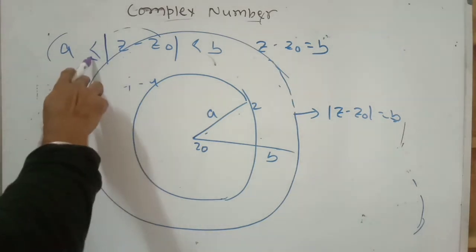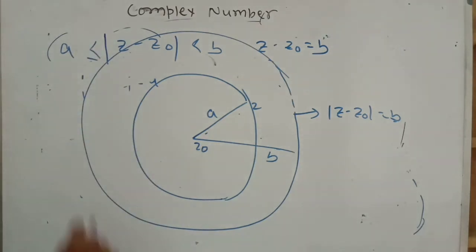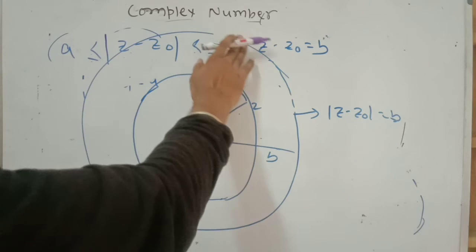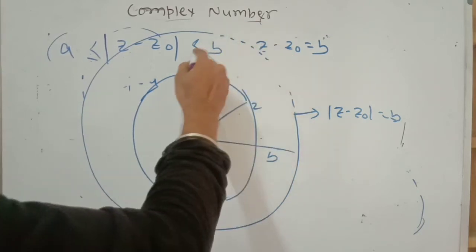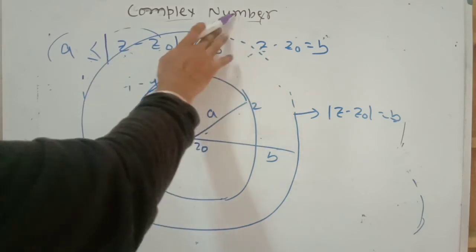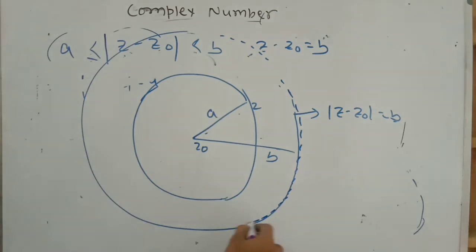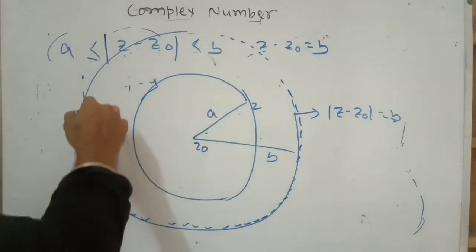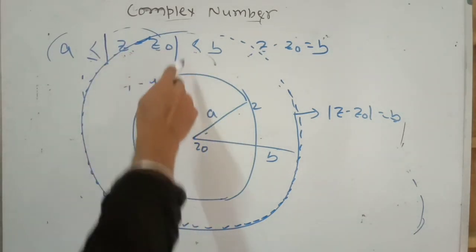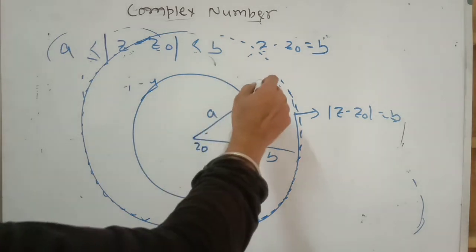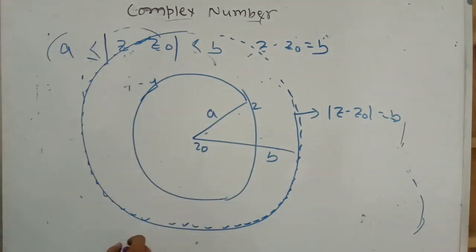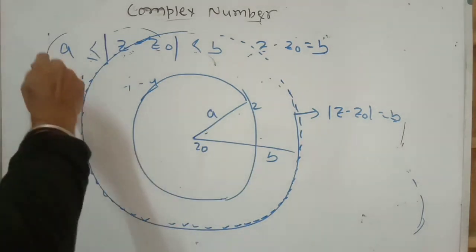But here it is not equal, so you represent the circle by a dotted line. Why? Because modulus of z minus z₀ is less than b, so z lies inside of this circle. So this is the locus of the given equations.